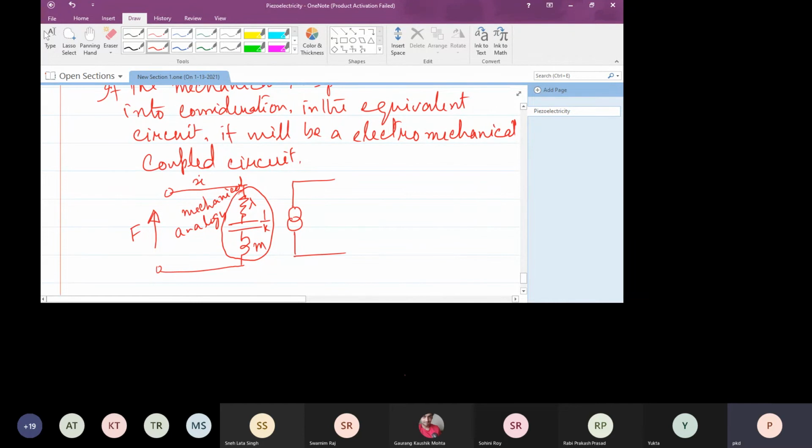Then the mechanical energy is transferred to the electrical domain through this dkx dot. That is a current source, and then it charges a capacitor, and then we have current I, if we have a voltmeter here.